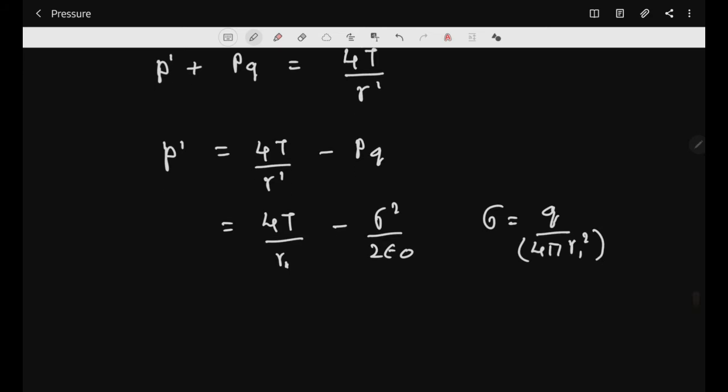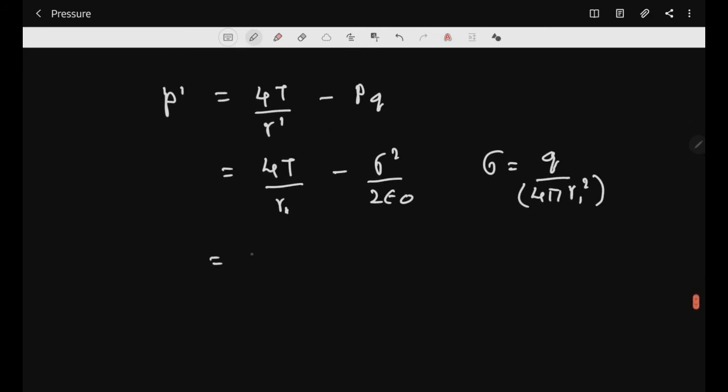So sigma square will be q square divided by this whole square, that means 16 pi square r1 raised to 4, multiplied by 2 epsilon naught.